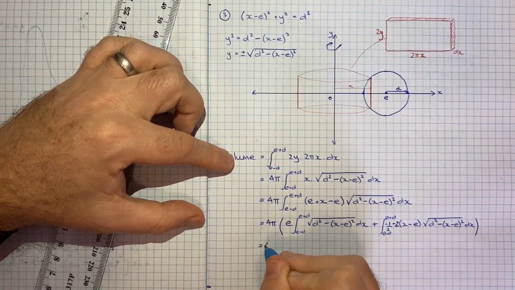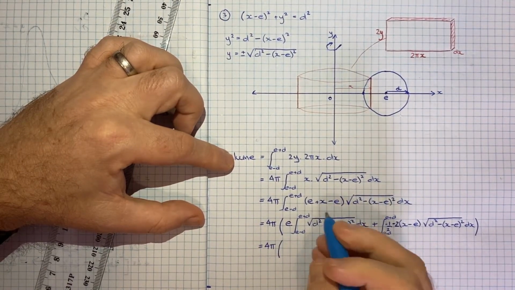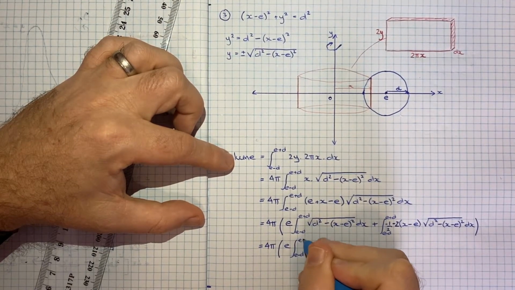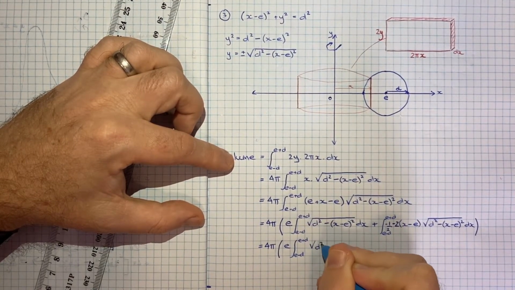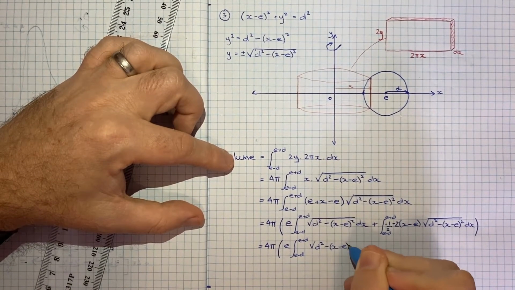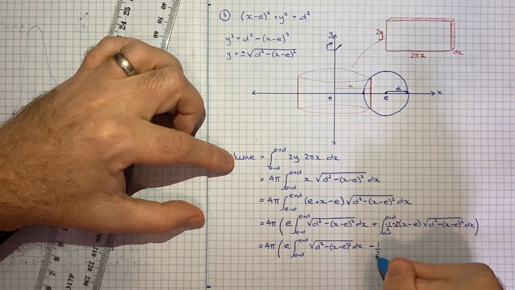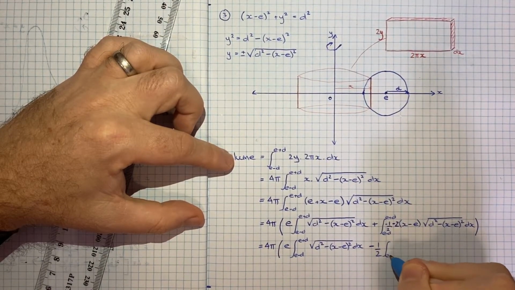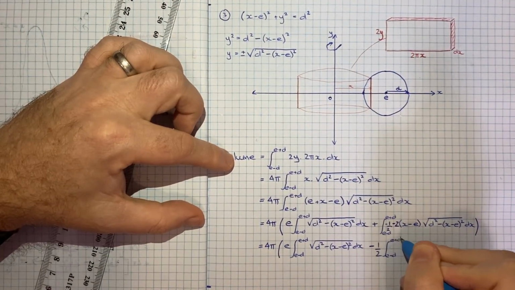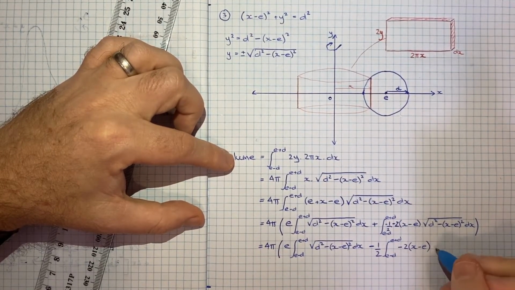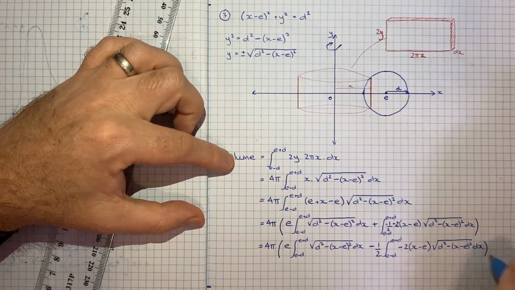So we'll have 4 pi times e times the integral of e minus d to e plus d of root d squared minus (x minus e) squared dx, minus 1/2 times the integral from e minus d to e plus d of -2(x minus e) times the square root of d squared minus (x minus e) squared dx.